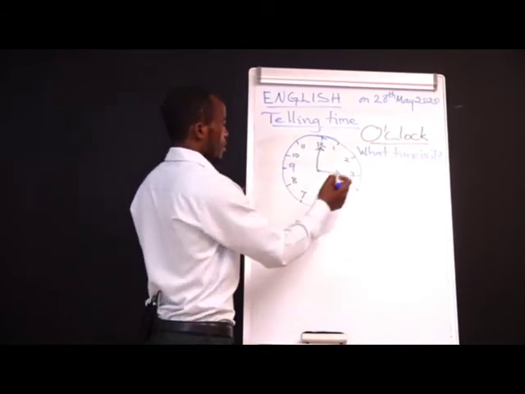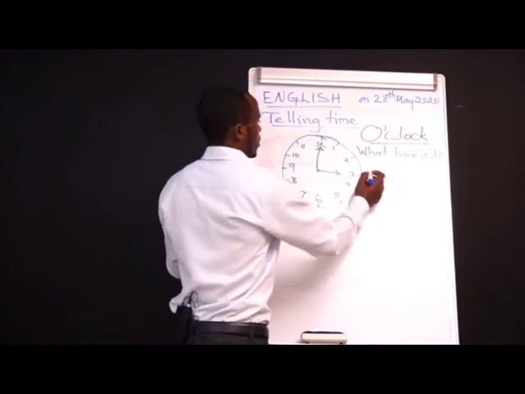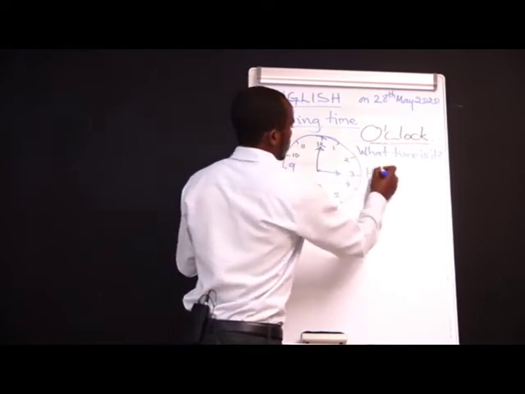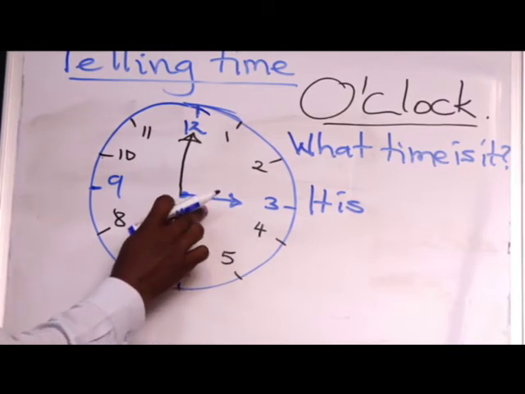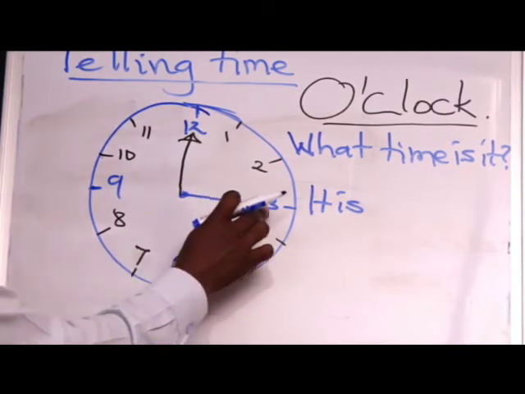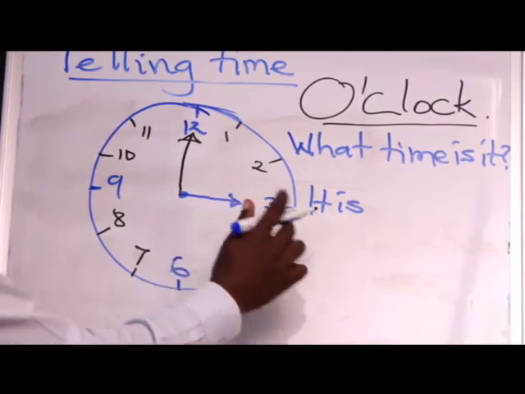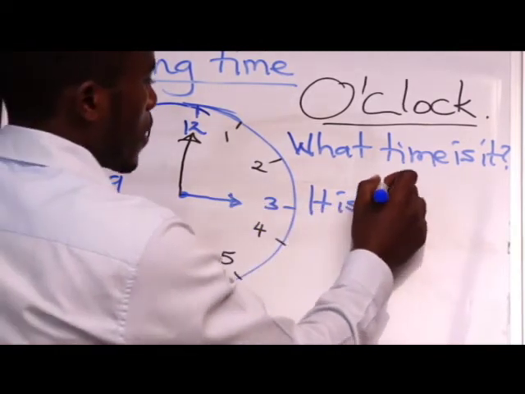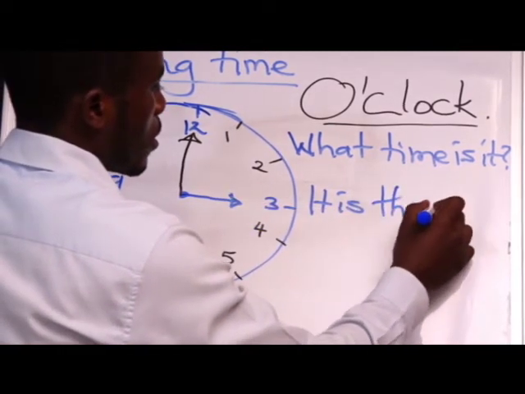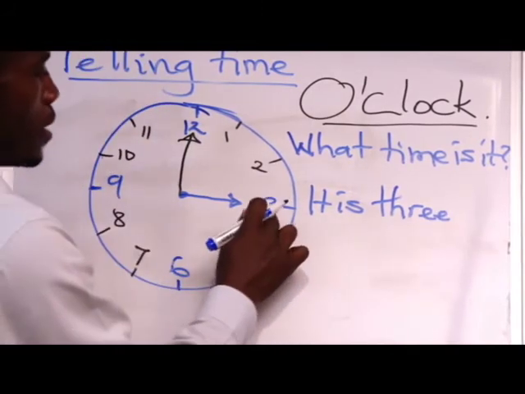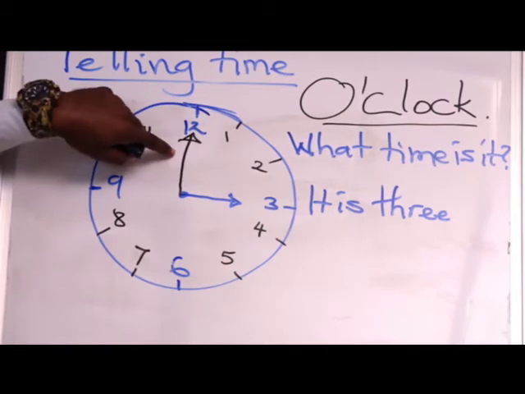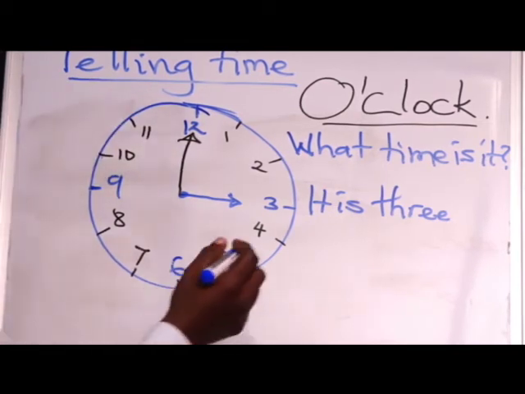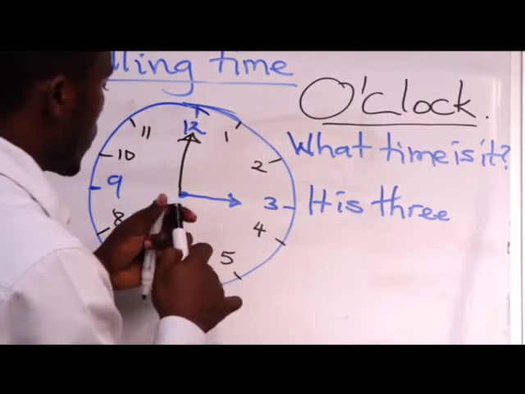Here you can say that this is an hour hand and you need to start with the hour hand. It's 3 as an hour hand. Then you add, because the minute hand points to 12, you will say it's 3.